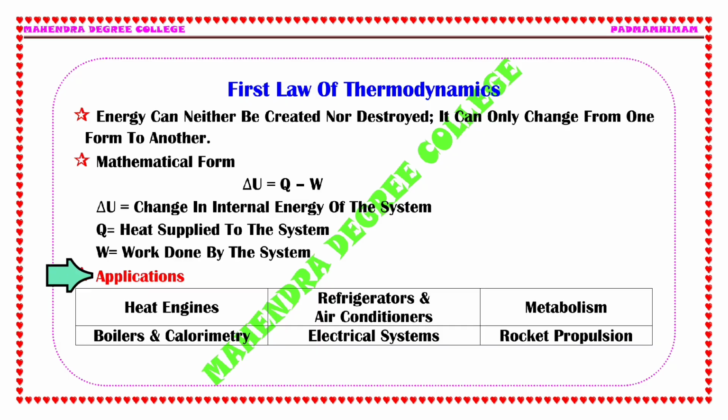Next, applications of the first law of thermodynamics. Heat engines, means steam engines and IC engines. In an engine, fuel burns and releases heat energy Q. A part of this energy increases the internal energy of gases inside the cylinder.